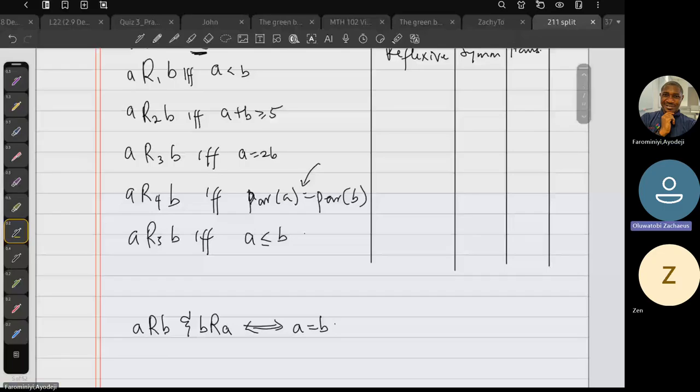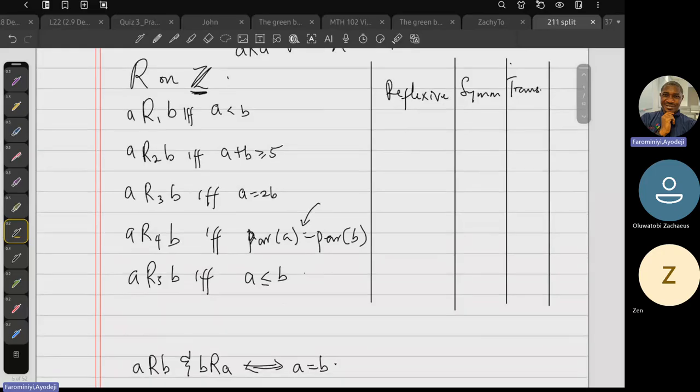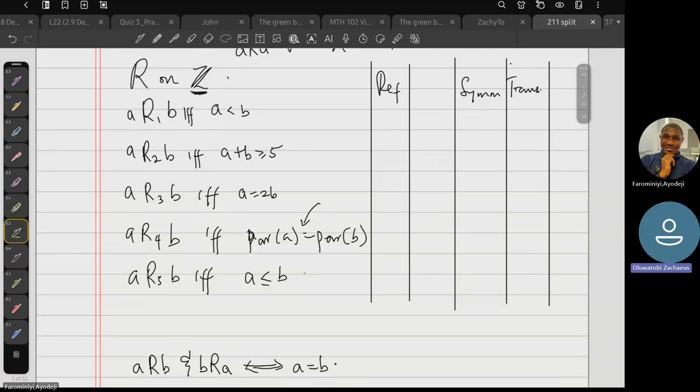So let's look at R1. Is it antisymmetric? No, sir. There's no equal there. Are you sure it's not antisymmetric? The only time it can be symmetric is if A is equal to B, and for that R1, we don't have any A that is equal to B there.